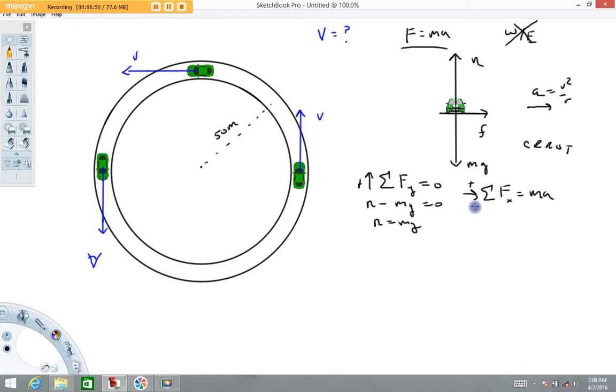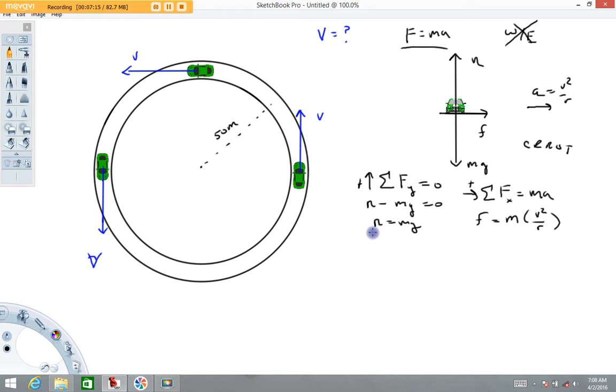But all right, so we're summing forces in the x direction equals ma. We look at our free body. There's only one force in the x direction, the frictional force, equals ma. That acceleration is a centripetal acceleration, so it's equal to v squared over r. All right, so here's our Newton's second law equations, here and here.